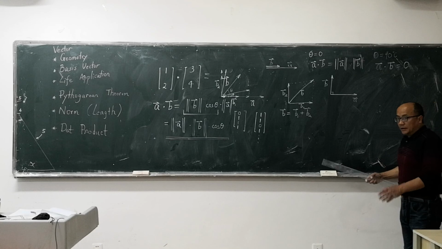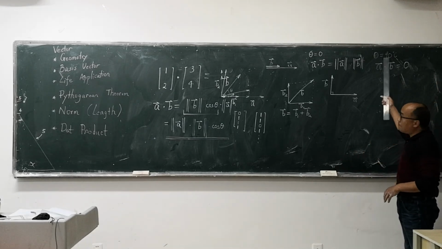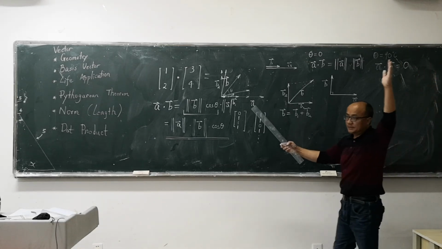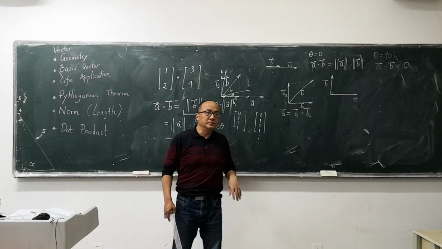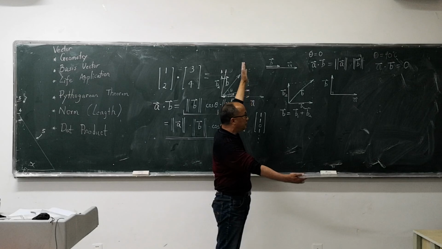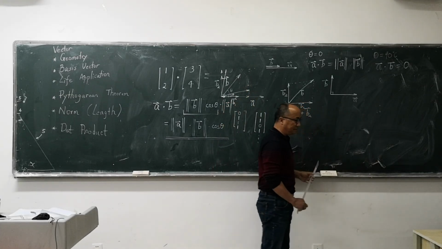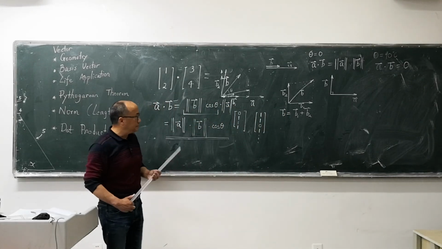So if the dot product of two vectors is zero, you can go backwards: you know the two vectors are vertical to each other. And if you know the two vectors are vertical to each other, you know the dot product is zero.